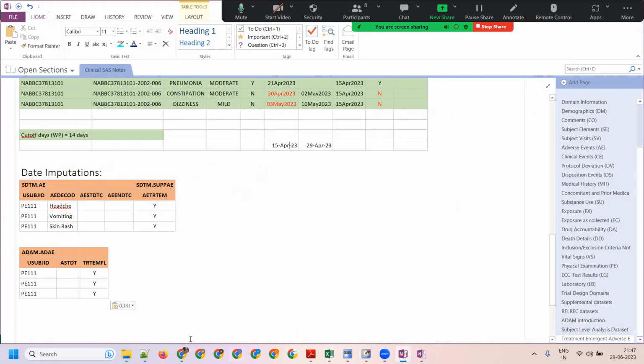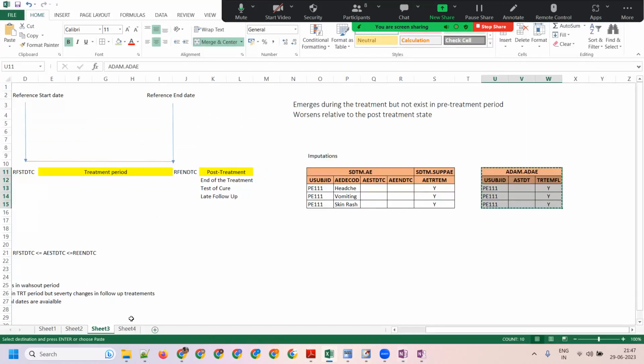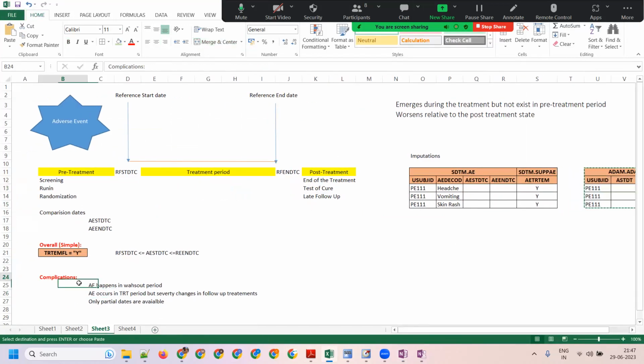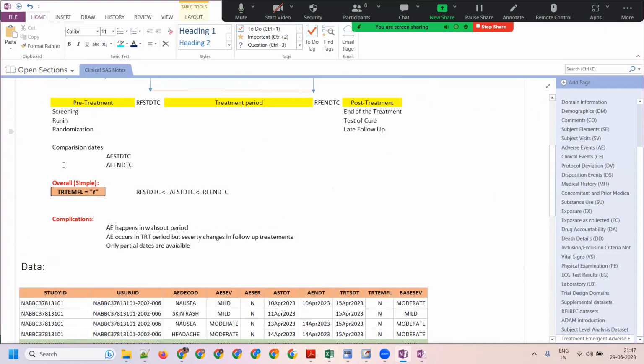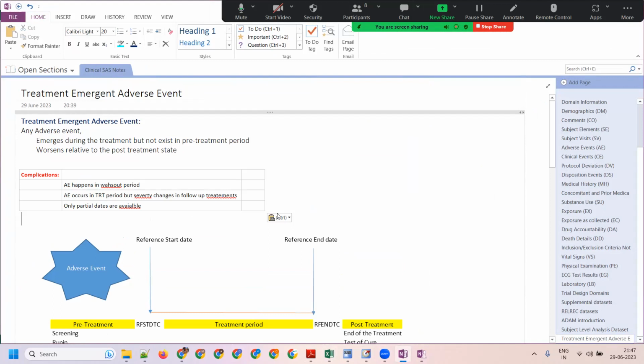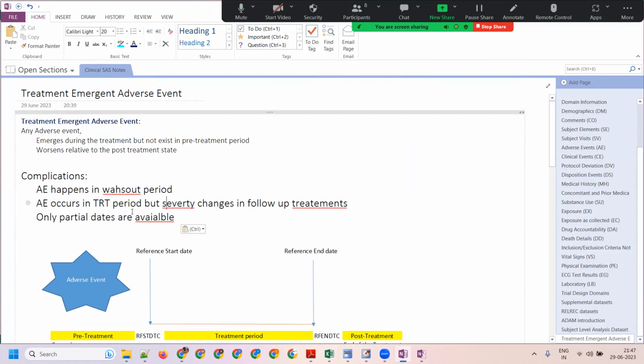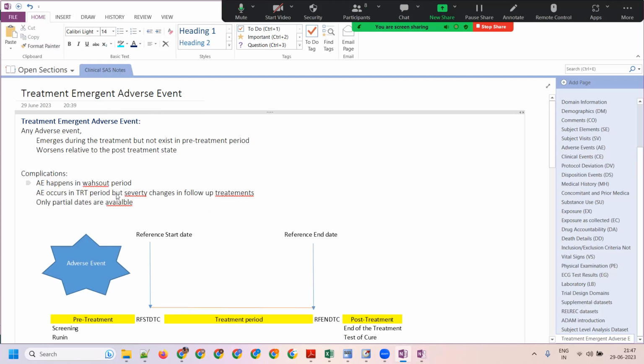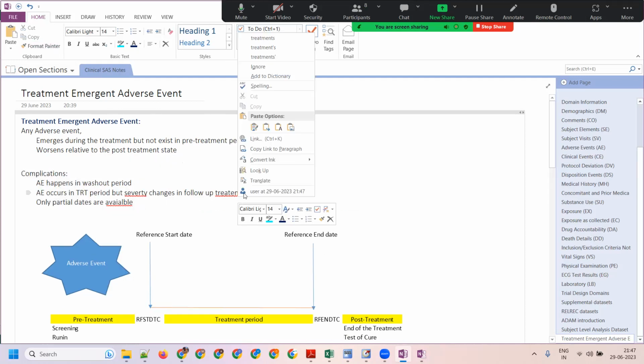Why I'm talking about this is that it becomes difficult, the complications part. Under the complications, I talked about only two of them: washout and severity.